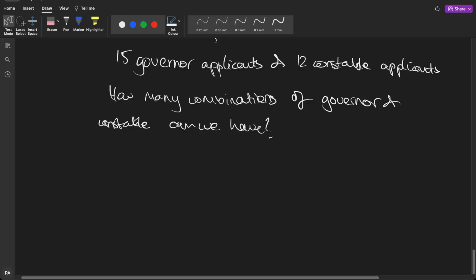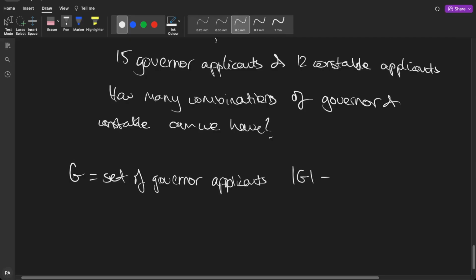So, how are we going to approach this? Well, I would define G as the set of governor applicants. And we know then that the size of G must be 15. Similarly, let C be the set of constable applicants, then we know that the size of C is 12.